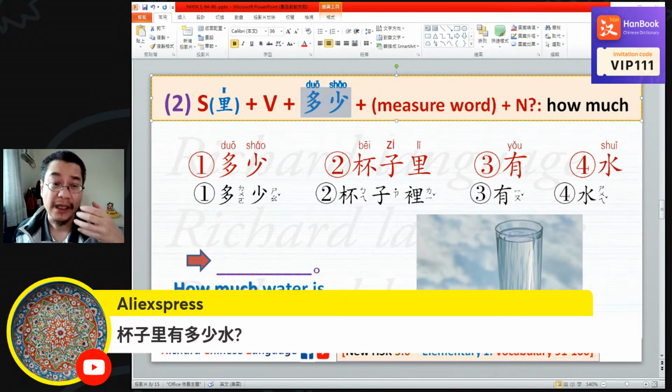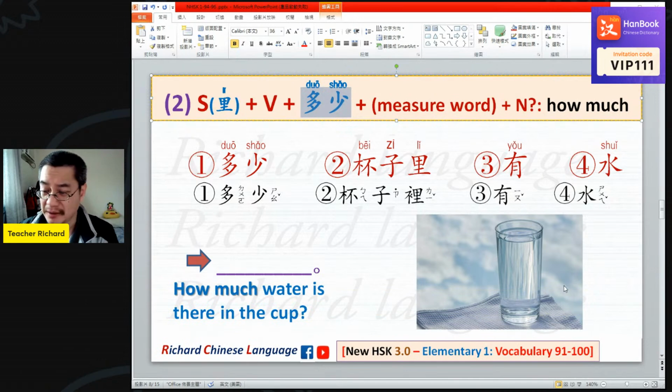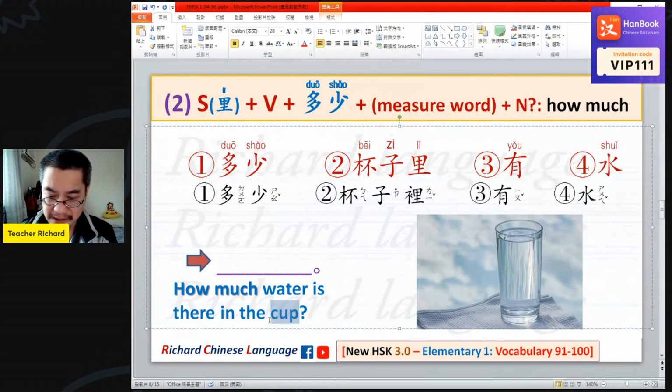How much water is there in the glass? Oh, it's not cup, it's glass.